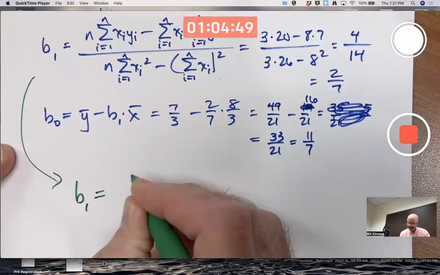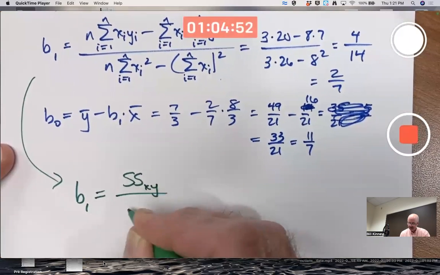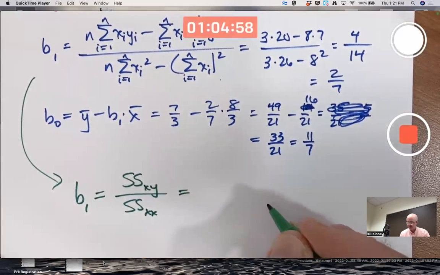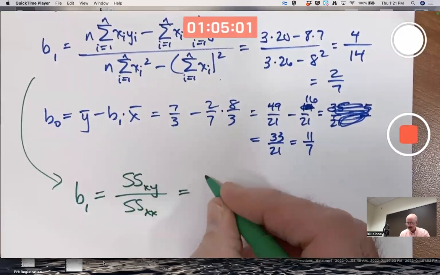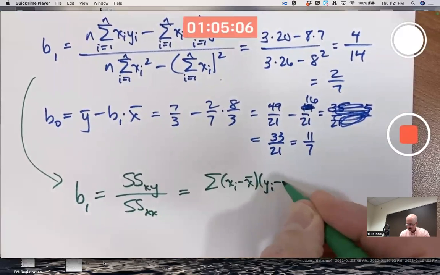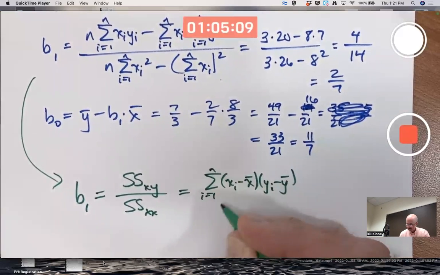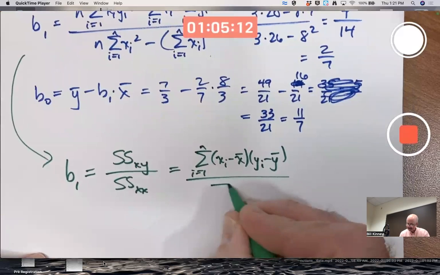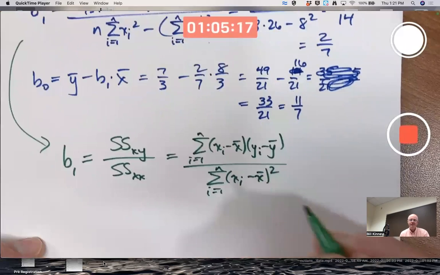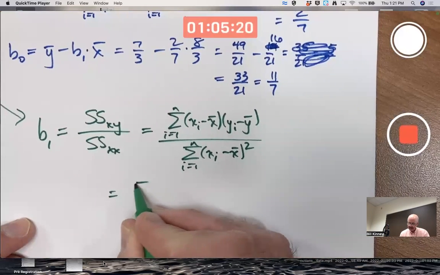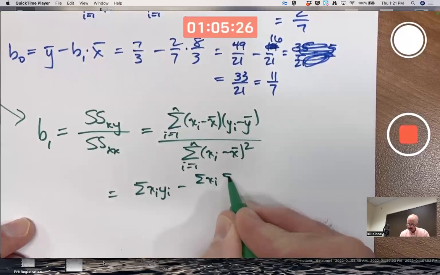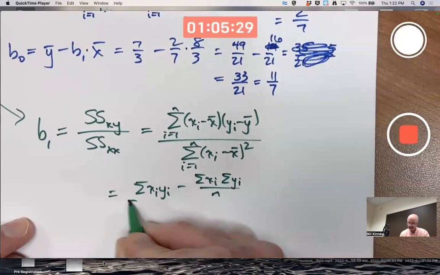B1 can also be written as SS sub XY divided by SS sub XX, where I happen to remember, and you will find in section 11.2, that SS sub XY is this sum and SS sub XX is this sum. And then I happen to remember, you might wonder how, that numerator is the same as this. And I'm being a little sloppy with my summations now, just for the sake of time.